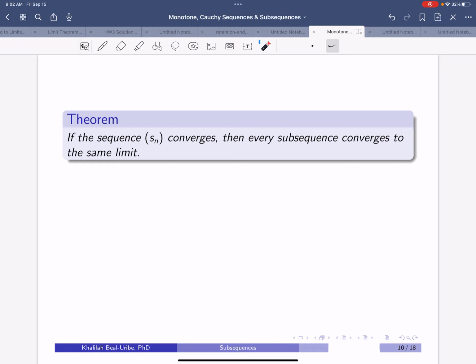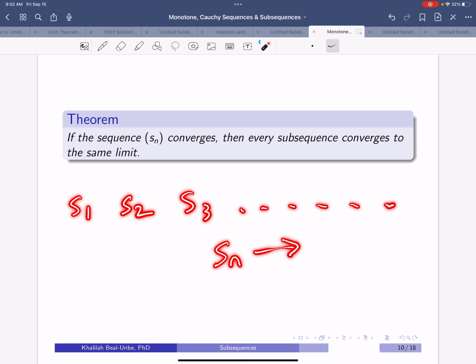And now this last one: if a sequence converges, then every subsequence converges to the same limit. That's pretty basic. So you have your S1, S2, S3. It's converging, say the Sn is going to S. Then if you have a subsequence Snk, fix epsilon greater than 0.